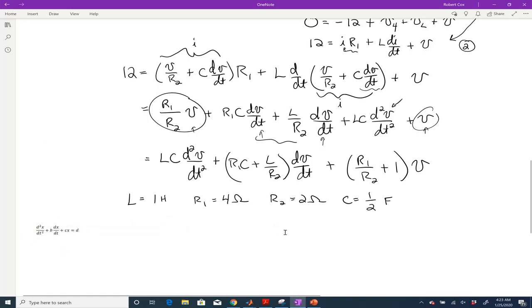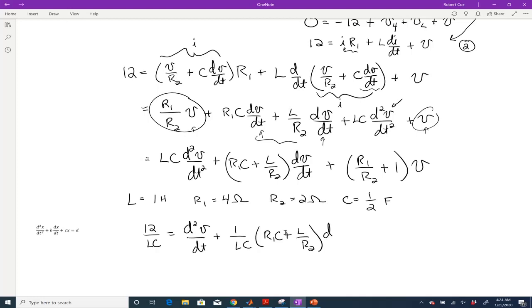I don't have that right now, so I have to divide both sides by LC. So I would have 12 over LC, that's a constant, is equal to d squared V/dt squared plus 1 over LC times (R1C plus L over R2) times dV/dt plus (R1 over R2 plus 1) times 1 over LC times V.